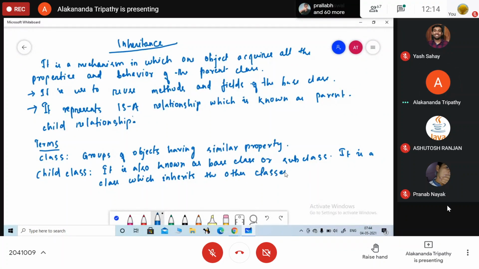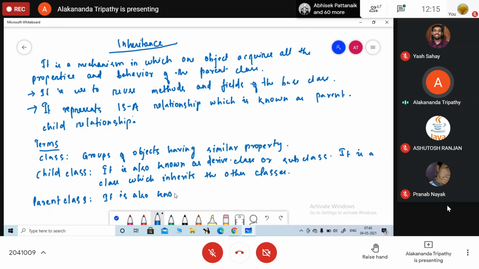Okay, next one is your parent class. What do we call the parent class? Parent class is also known as base class or super class. Child class is known as derived class or subclass.